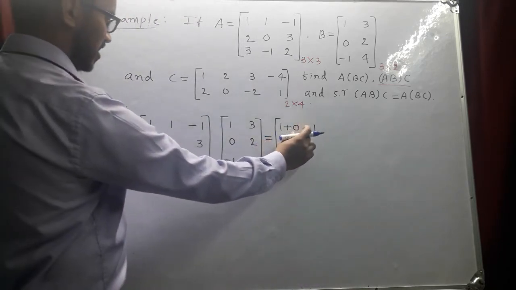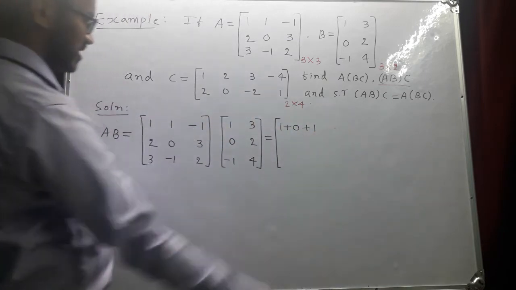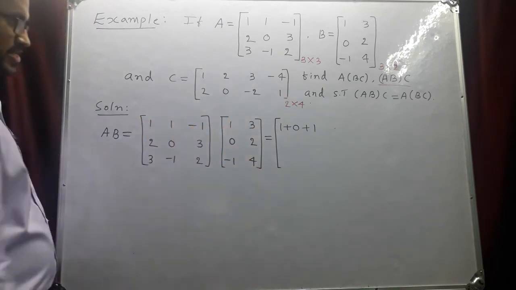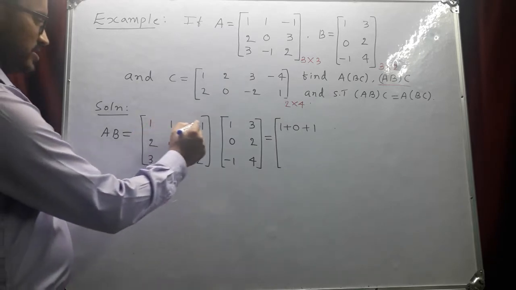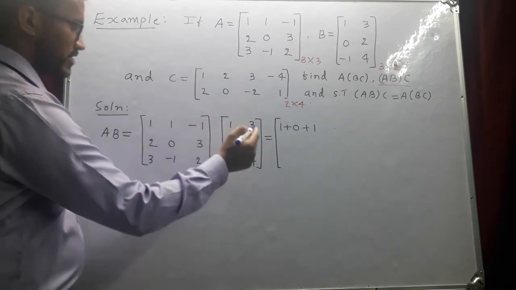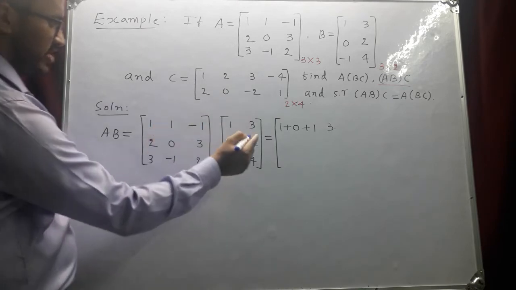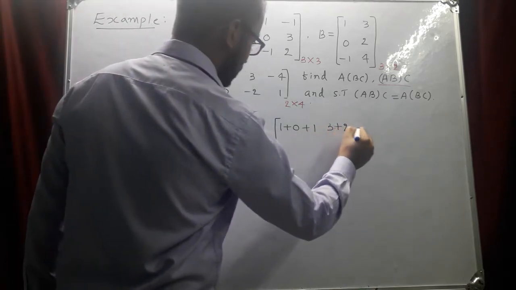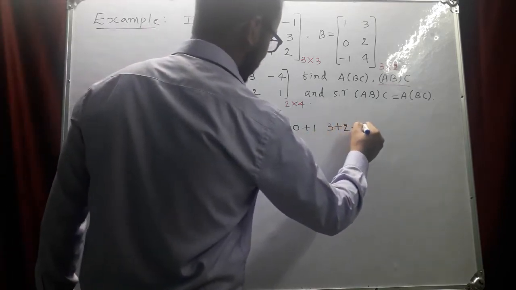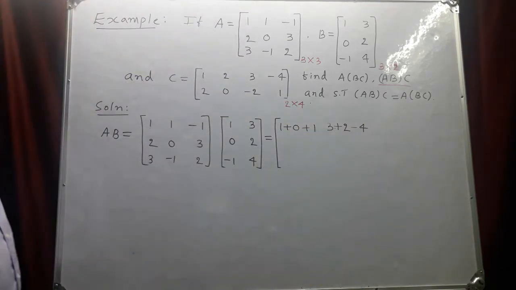The first element is obtained by multiplying the first row with the first column. The next element is obtained by multiplying the first row with the second column. So multiply this row with this column element-wise. So 1 into 3, that is 3, plus 1 into 2, plus minus 1 into 4, that is minus 4. So we got the first row elements of the product.